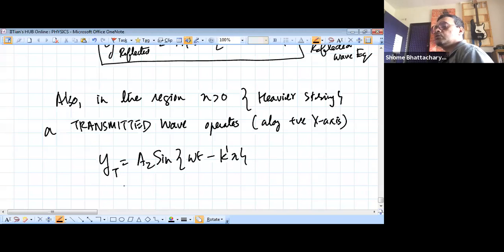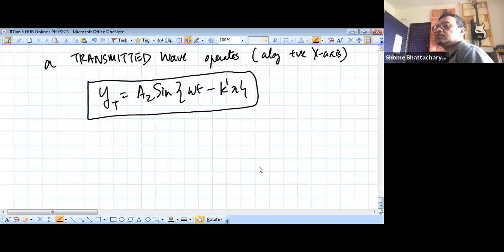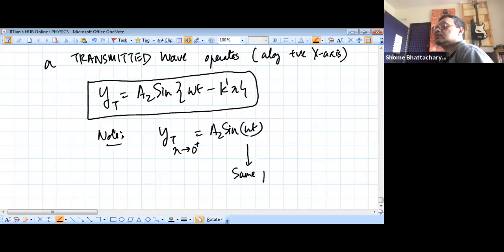Okay. So why I'm not writing any phase difference phi here is that on this side, x tending to 0 plus, it will be E2 sine omega t, which should be in the same phase as the incident wave, because the transmission does not involve any phase inversion.